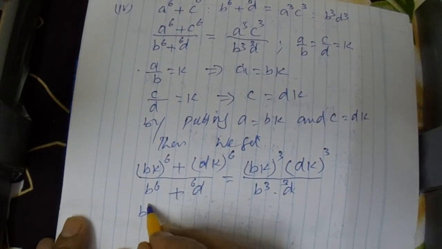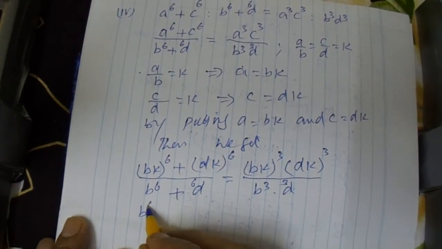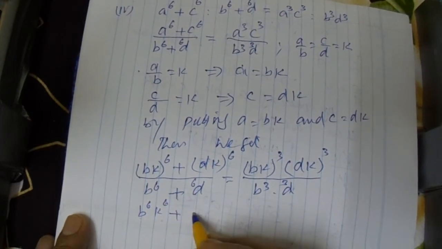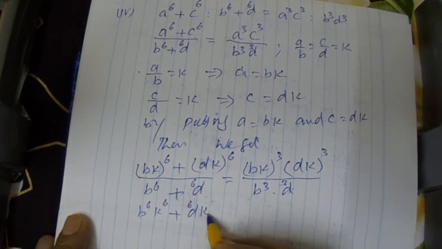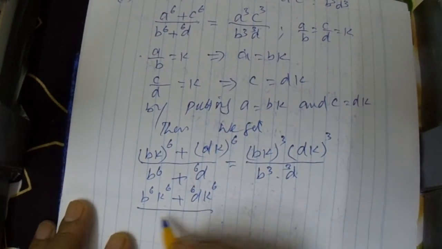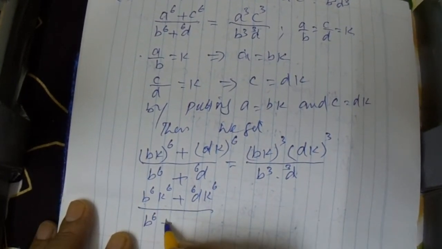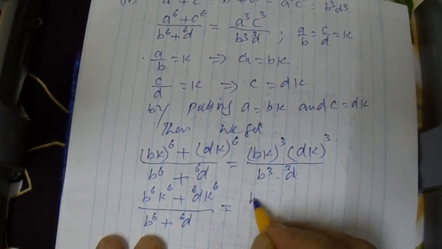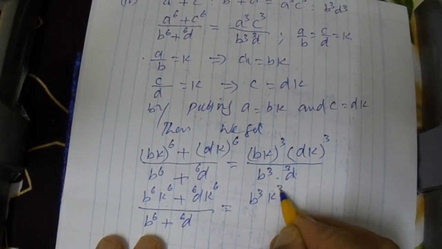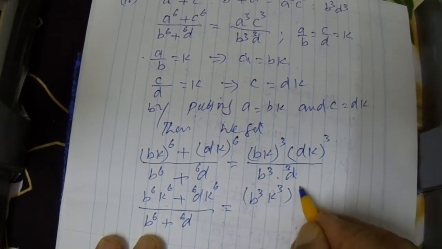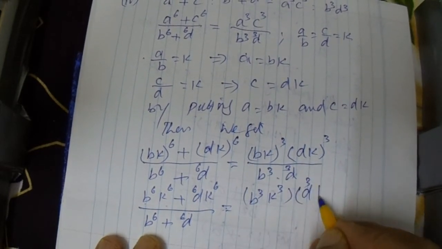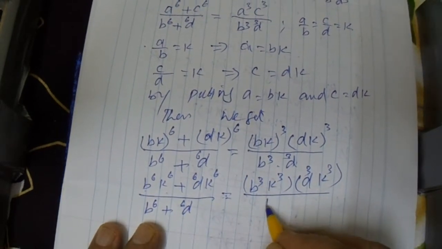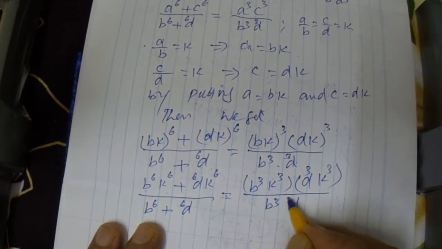Again b^6 k^6 plus d^6 k^6 over b^6 plus d^6, this power 6, this is equal to b^3 k^3 and multiply b^3 and k^3 over b^3 and d^3.